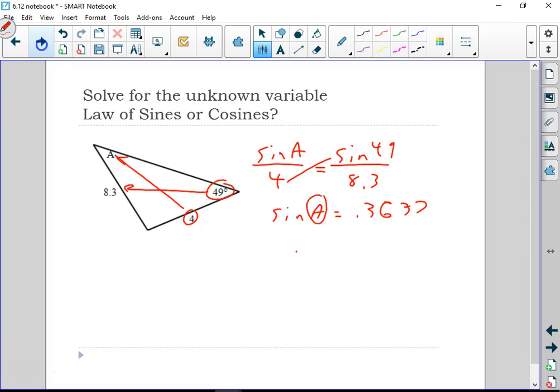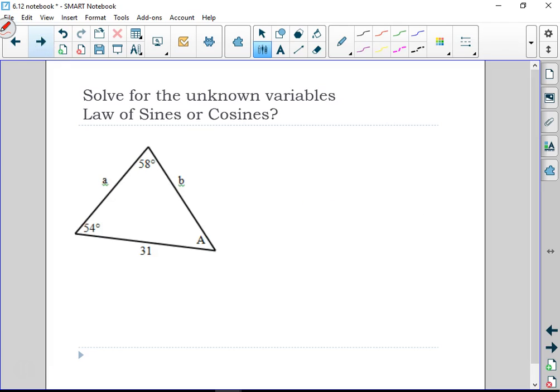And that's going to give us the measure of angle A is 21.3 degrees. Which makes sense, because since 4 is smaller than 8.3, this angle should be smaller than 49. Okay?